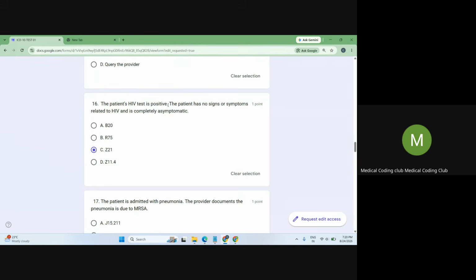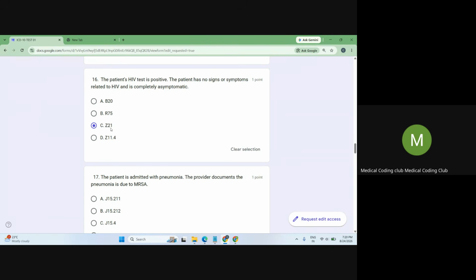Okay, if on this documentation they additionally say the patient is asymptomatic, but along with the HIV test positive the doctor has said the patient is having HIV disease, or he has documented AIDS, or maybe any HIV-related conditions, Kaposi sarcoma, anything related to HIV, you will go with B20. But as of now, you only see the HIV test as positive and the patient is completely asymptomatic. So you will go with Z21.